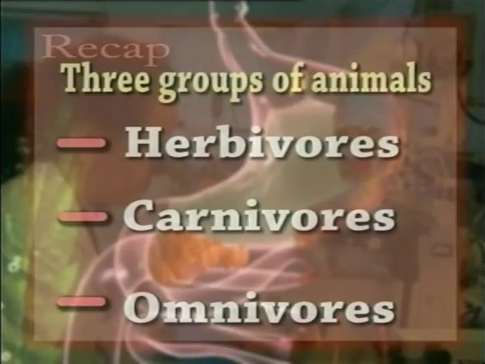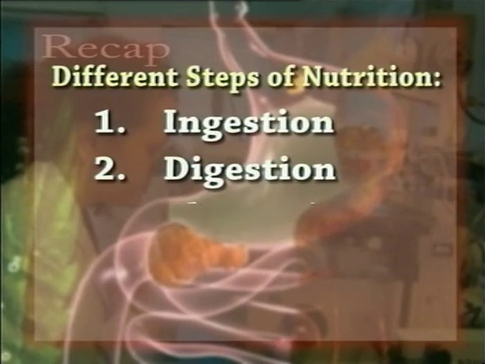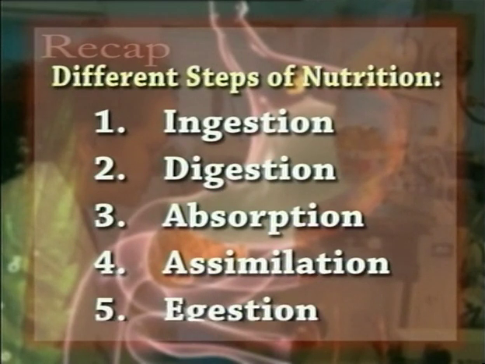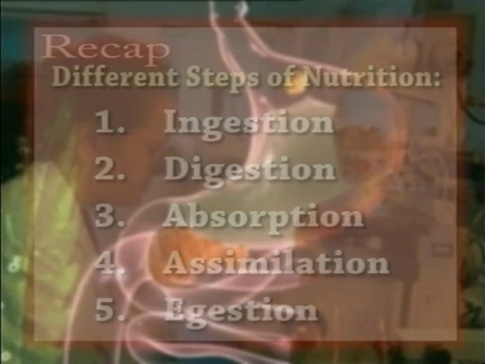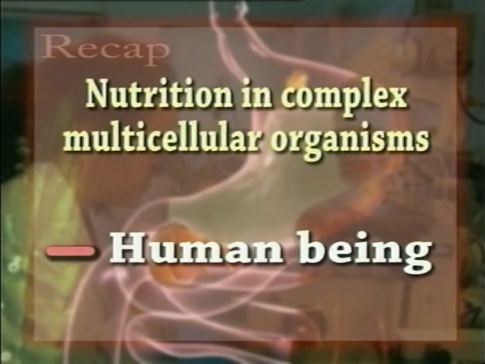We studied 3 different groups of animals: herbivores, carnivores, omnivores. Second point, in nutrition there are 5 different steps: ingestion, digestion, absorption, assimilation and egestion. Next point, unicellular organisms, nutrition in amoeba and paramecium. And the last point, nutrition in complex multicellular organisms, that is human beings.